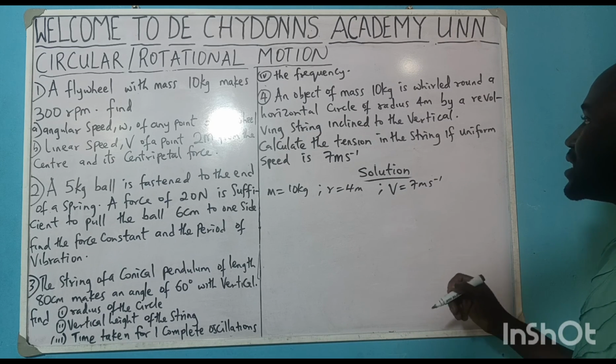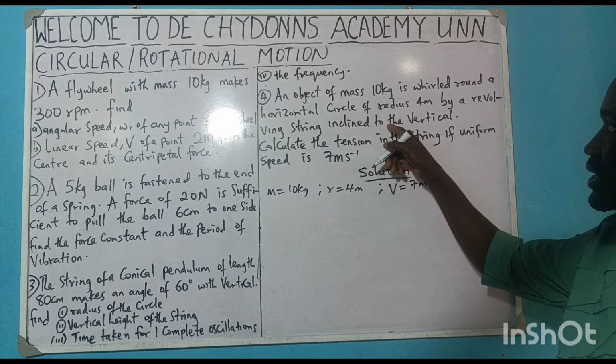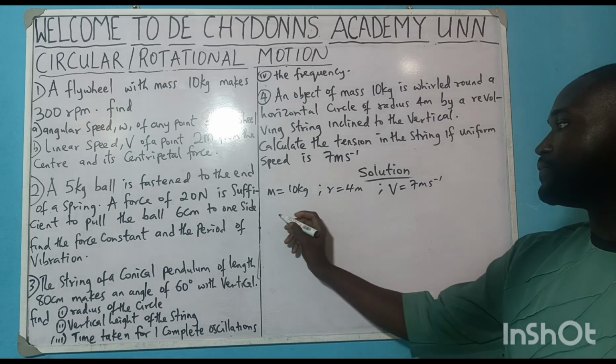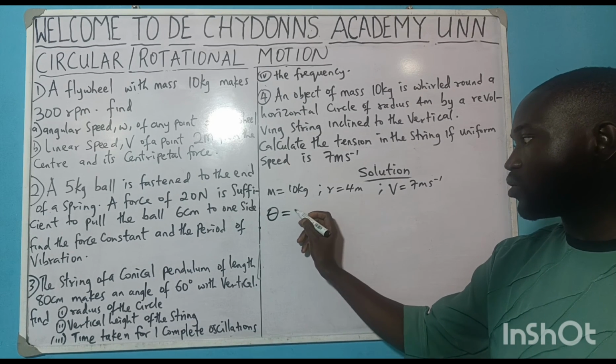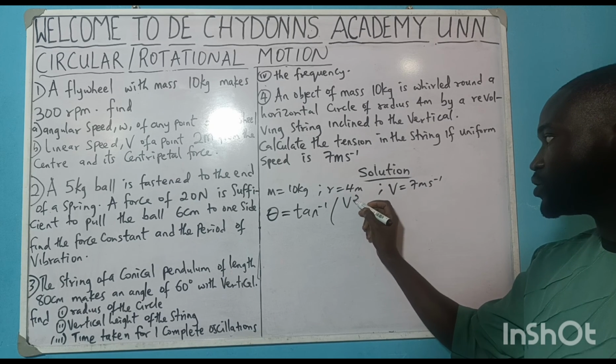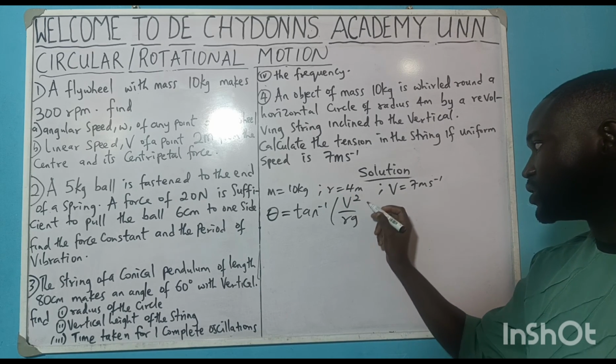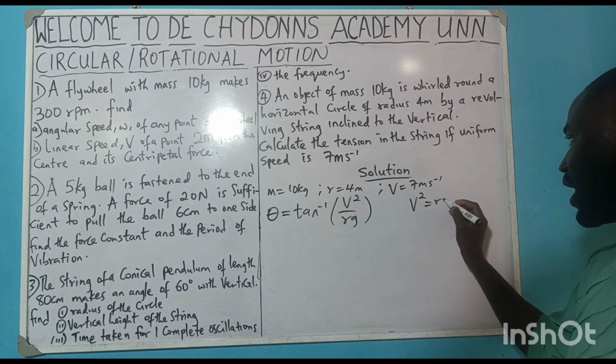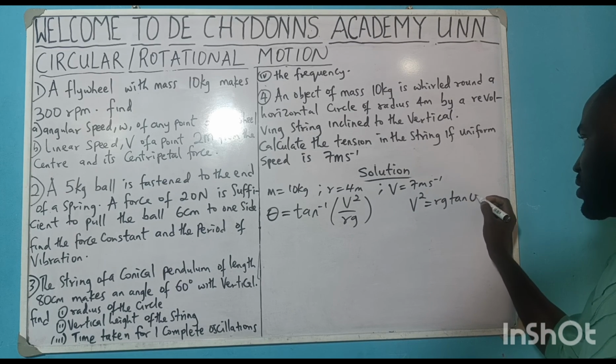Now, since the angle at which it is inclined to the vertical is not given, you say theta is equal to tan inverse of V square all over RG, since we noted that V square is equal to RG tan theta.